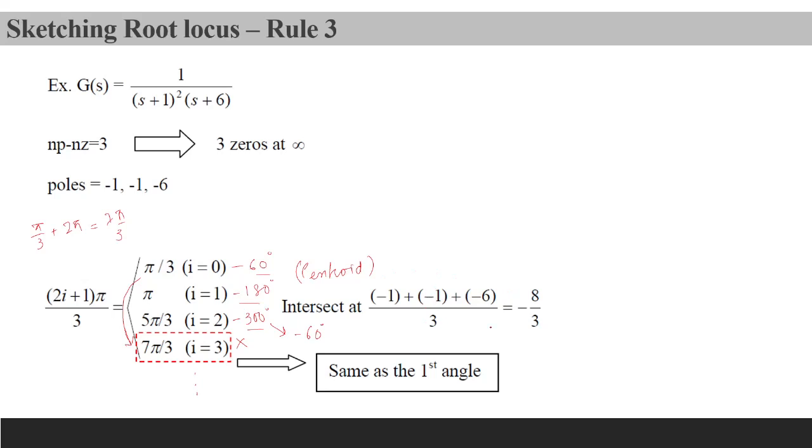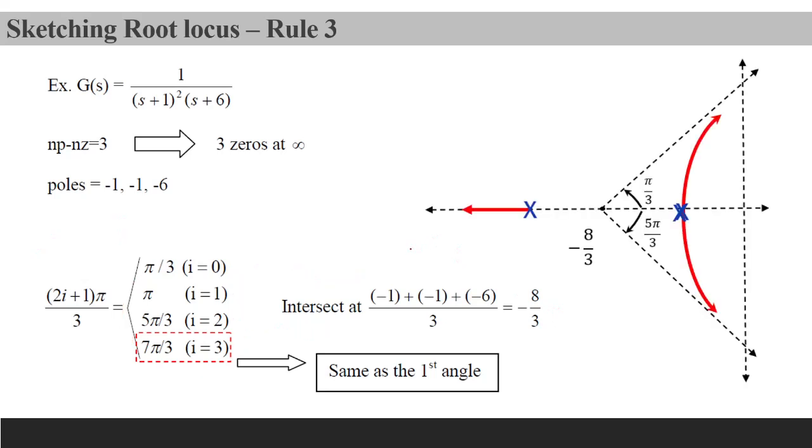Summing up, -8 by 3 shows the location of your centroid on the negative real axis. Here you can see again that we have two asymptotes drawn at 60 degrees and minus 60 degrees, and one asymptote at 180 degrees.